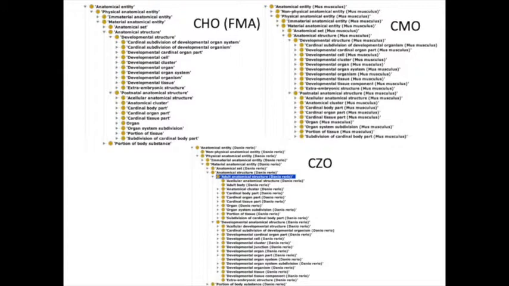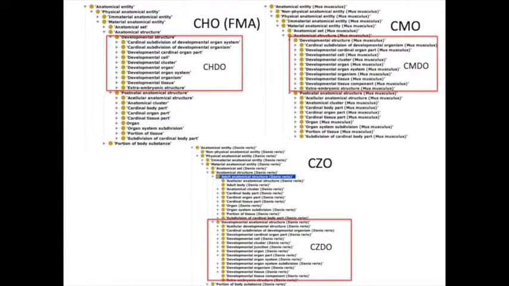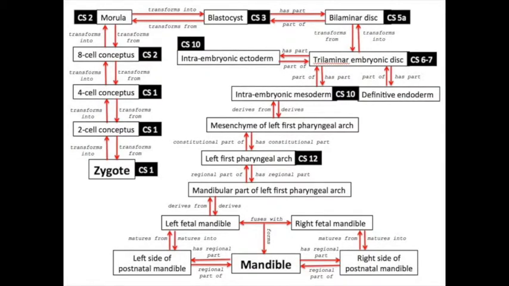We have anatomical structure divided into two kinds: a developmental structure and a postnatal anatomical structure. The developmental structures are the developmental hierarchy for the three species. This, plus many relations, allows us to represent in the computer, say, the derivation of the mandible all the way from the zygote, using terminologies as well as relationships between them.